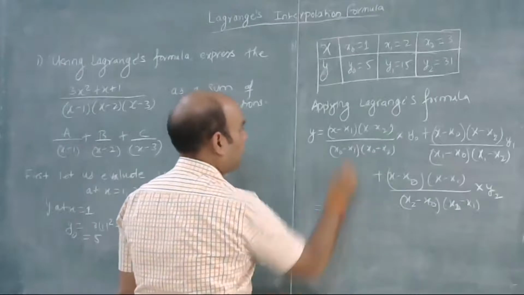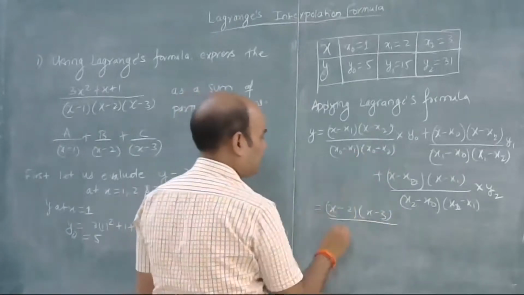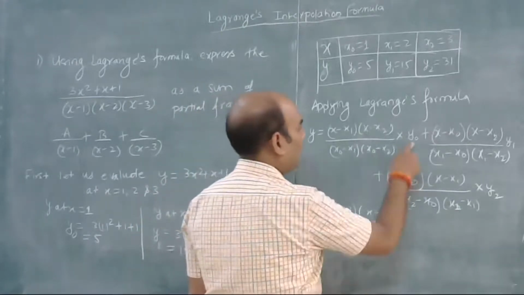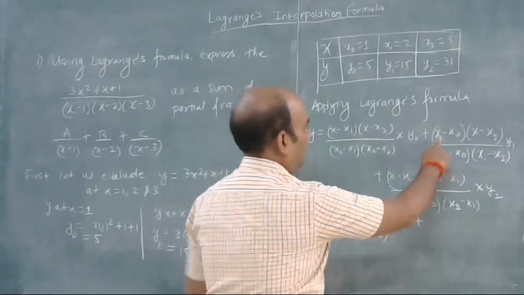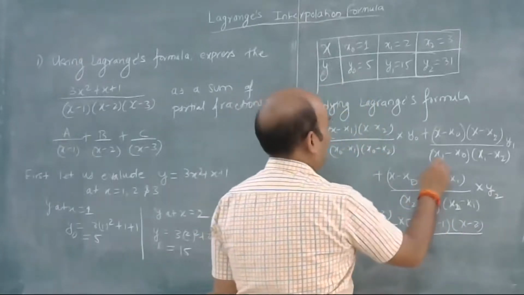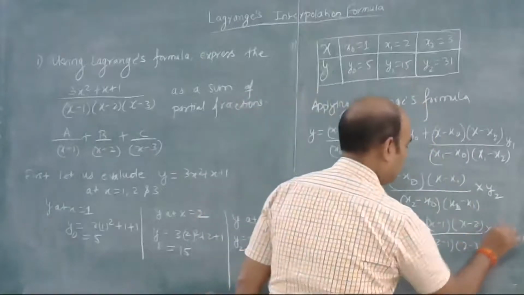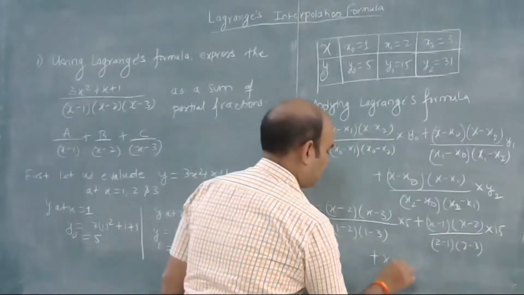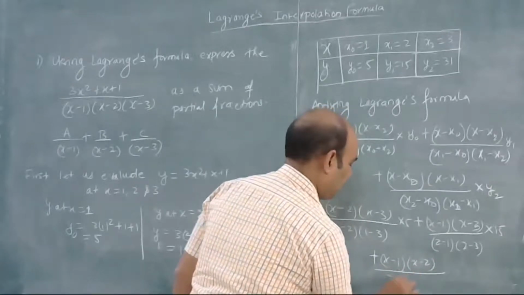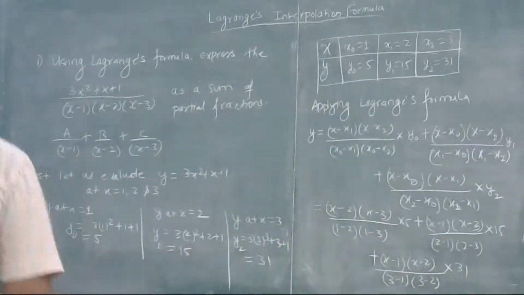You will get (x minus 2)(x minus 3) divided by (1 minus 2)(1 minus 3) into y0, which is 5, plus (x minus 1)(x minus 3) divided by (2 minus 1)(2 minus 3) into y1, which is 15, plus (x minus 1)(x minus 2) divided by (3 minus 1)(3 minus 2) into y2. Now substitute this value.